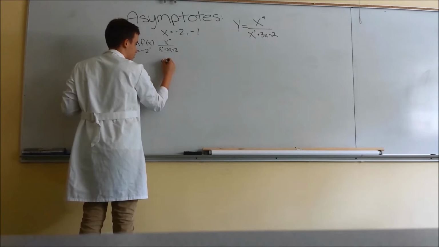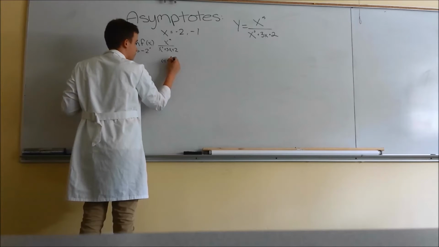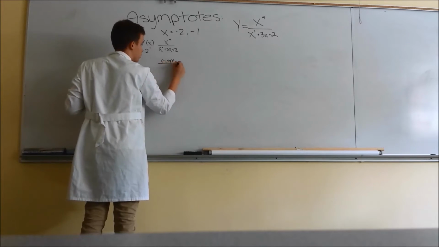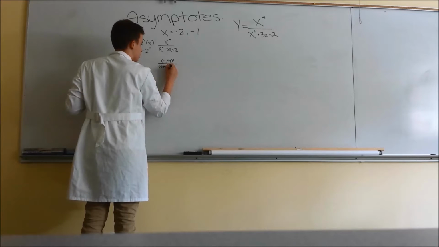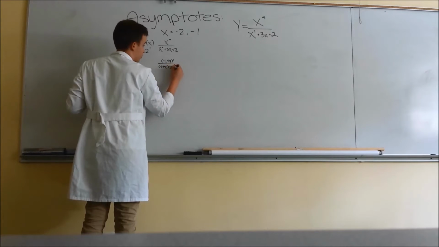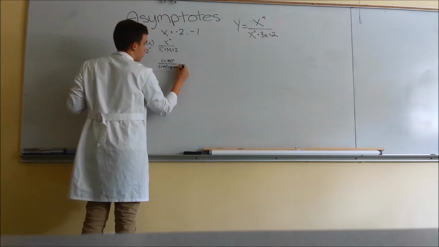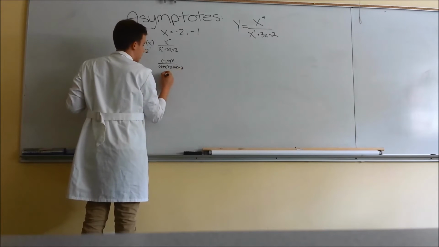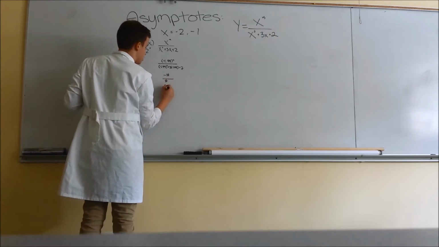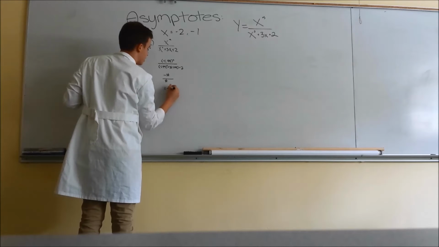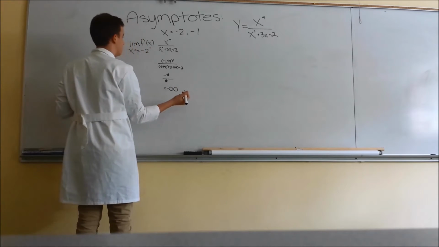So -1.99 to the power of 5 all over -1.99 squared plus 3 times -1.99 plus 2. That means you get a negative number over a positive number, which indicates that this has an asymptote approaching negative infinity.